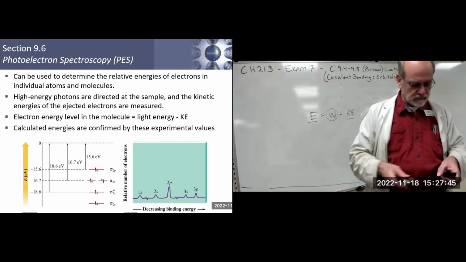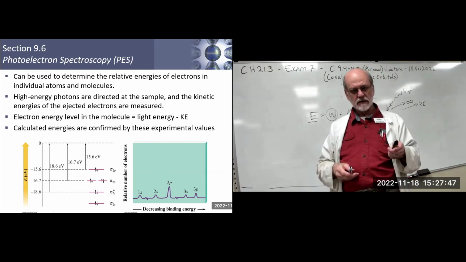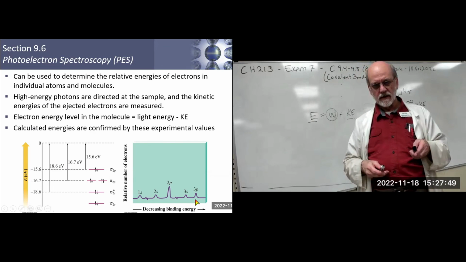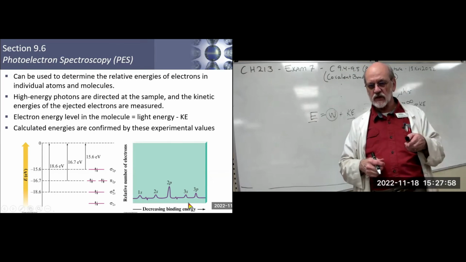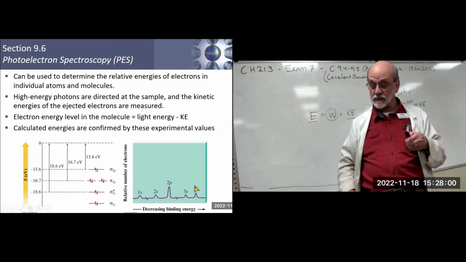And this particular diagram is a trace that shows us the energy levels for each of the orbitals. Now, this can be used for atoms, right?